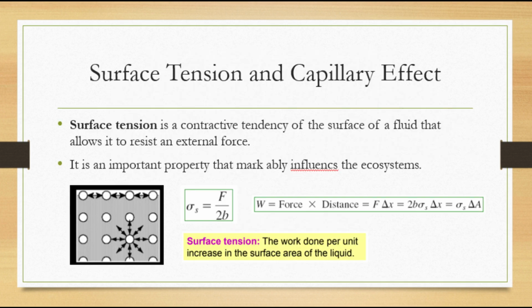Now, I want to tell about surface tension and capillary effect. Surface tension is a contractive tendency of the surface of a fluid that allows it to resist an external force. It is an important property that markedly influences the ecosystem. In this picture, we can see molecules in the interior of a liquid are under attractive force in all directions.